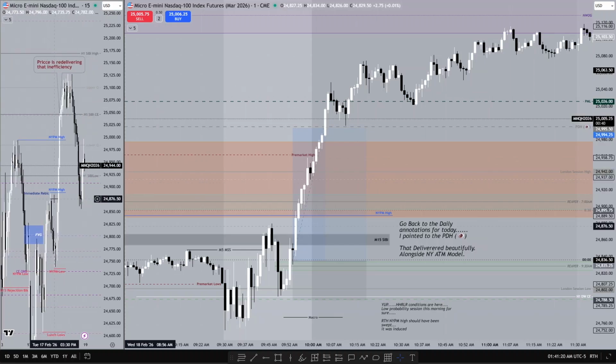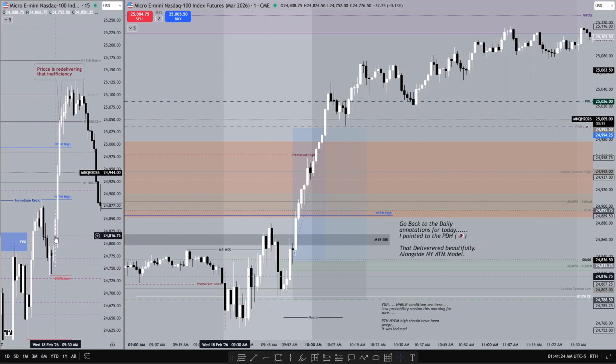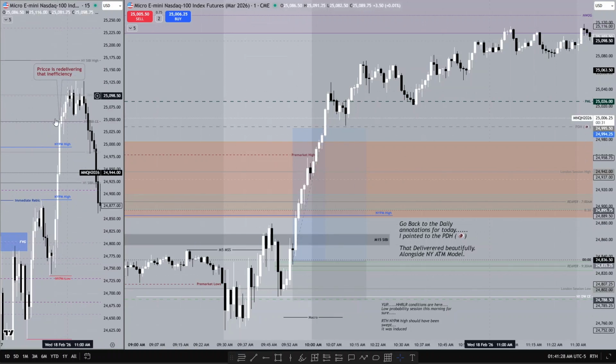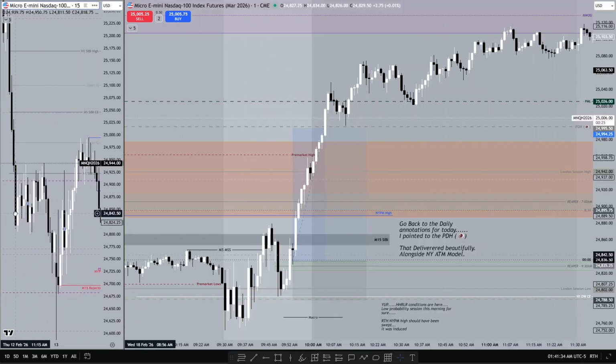So price trades higher during this New York AM session. From here right up to here, this move higher is redelivering the inefficiencies here. I drew this out 2 days ago. Price was supposed to, yeah, right here. This is the delivery on Thursday, more than 2 days ago. So this is the delivery on Thursday that created this sell side imbalance.